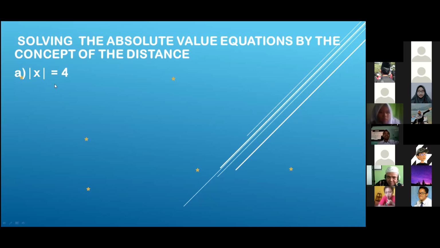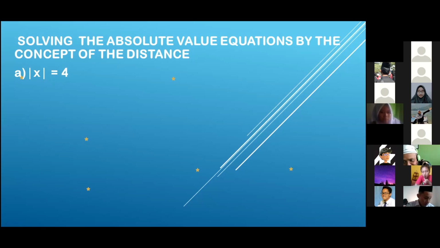equation. The distance of x to 0. Repeat after me. The distance of x to 0 equals 4.